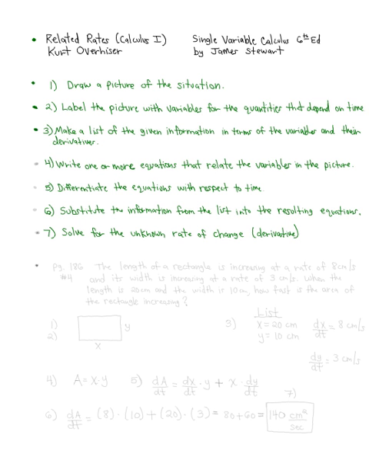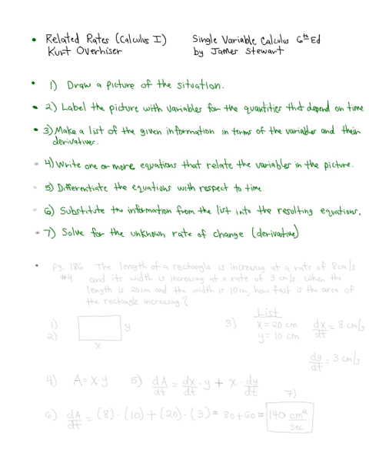For step 3, you want to make a list of the given information in terms of the variables and their derivatives. So once you draw a picture and label it, on the side of that picture you want to make a list of all the variables that you've introduced in the problem along with their derivatives.